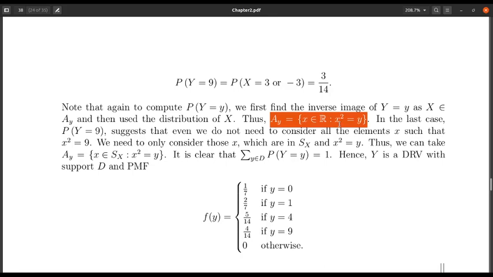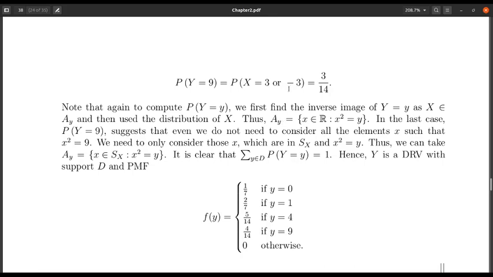In our case g(x) equals x square, so x square equals y. Clear? So we write the probability of Y equals y as the probability that X belongs to A_y, and from that we find the probability, because we know the probability mass function of X.